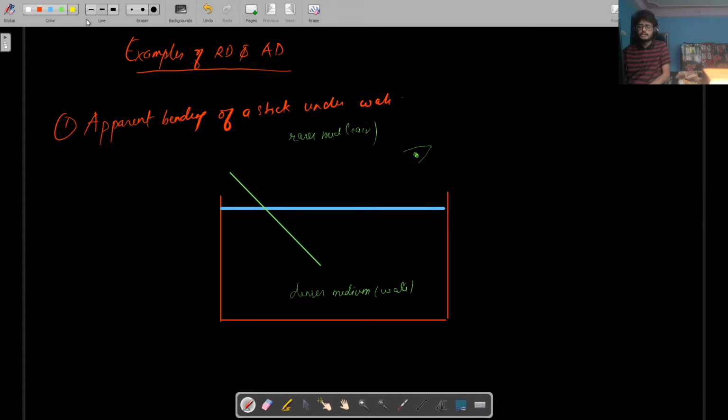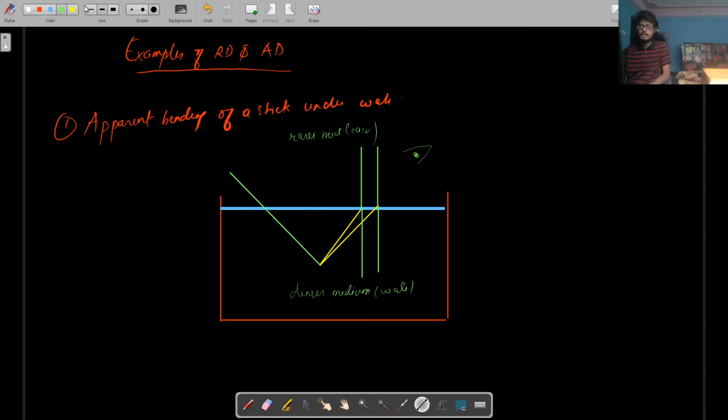And let us draw the rays that come out. Let us assume that there is one ray coming out from this point to here, and another ray coming from here to here. Now we'll draw the normal, the normal for the second case.